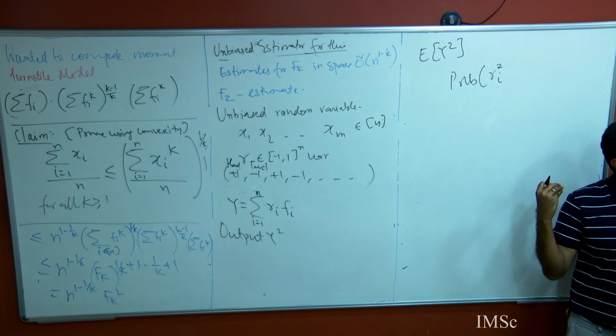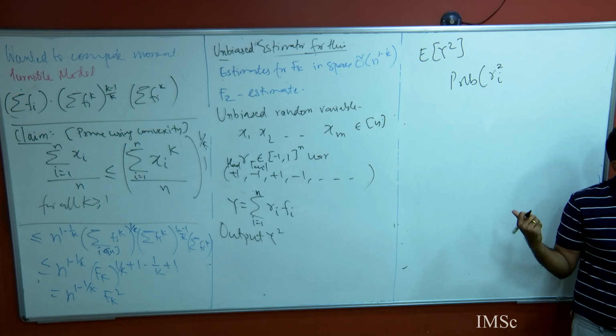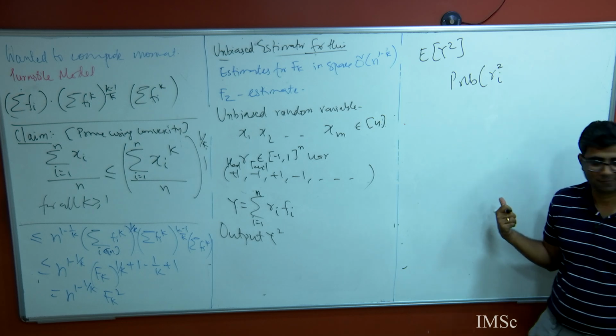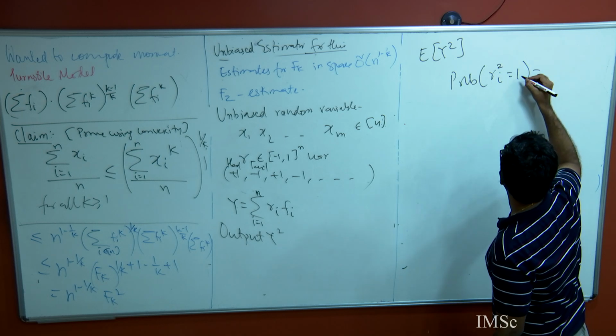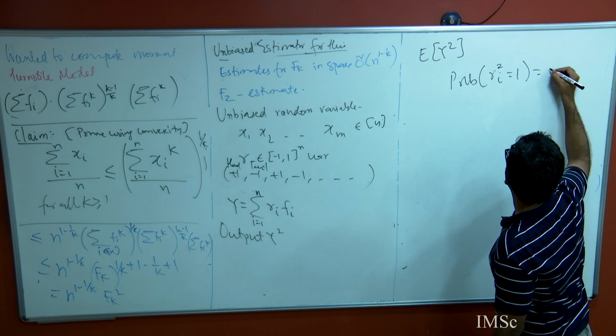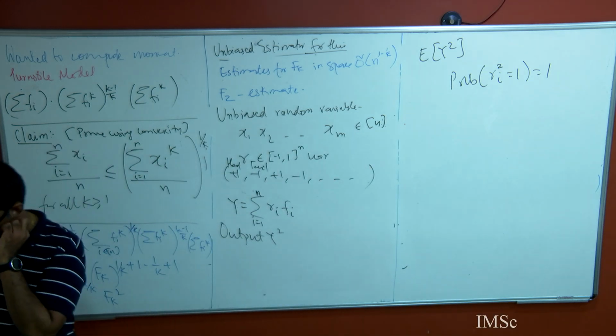Ri squared is always going to be 1, with probability 1.